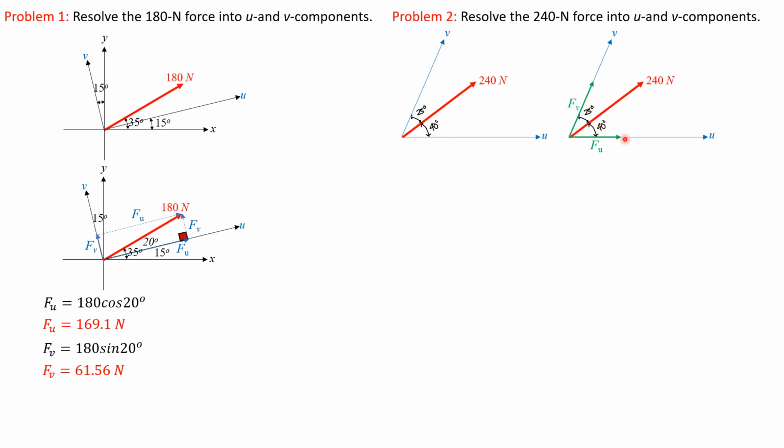So this is Fu, Fv, then from the tip of that 240 Newton resultant force, we draw lines parallel to the U and the V axis to form that parallelogram. We will not deal with the parallelogram, we just use the properties of the parallelogram. The magnitude of this is equal to Fv.